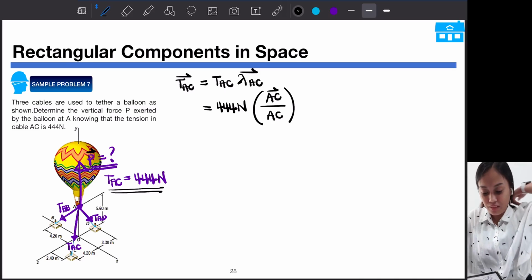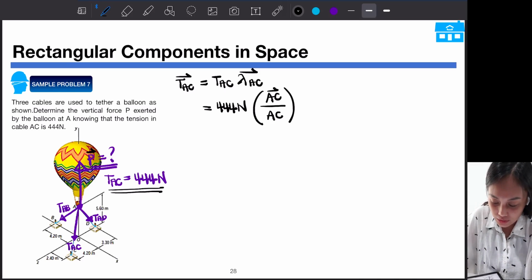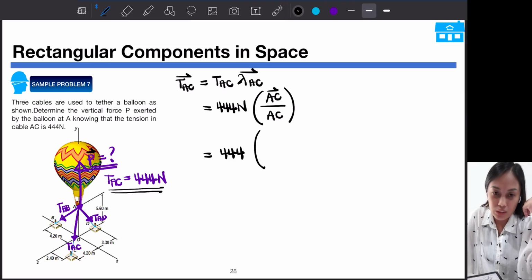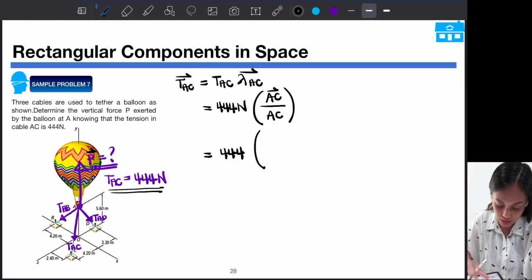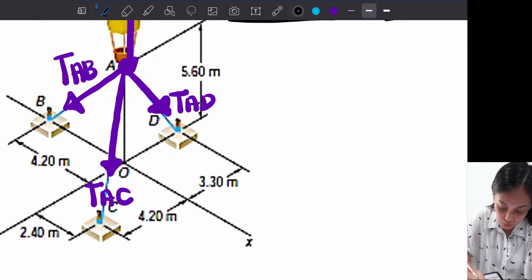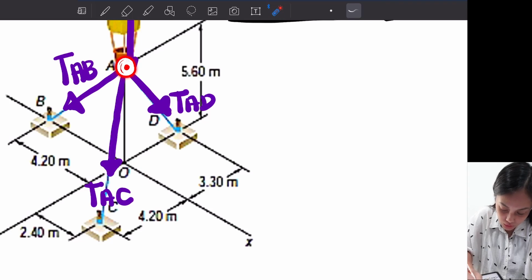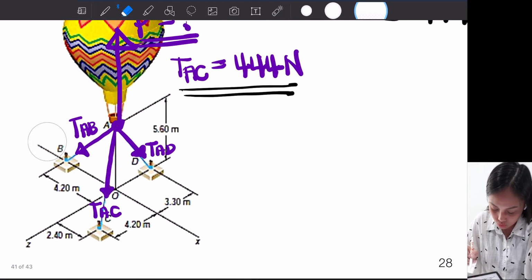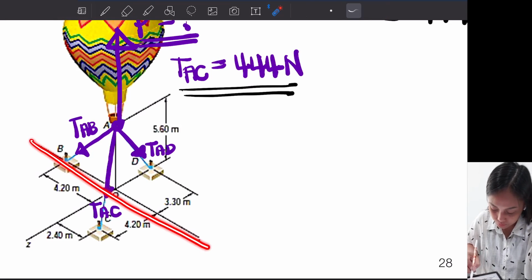So, this is equal to 444 times, what is dx sa AC? Tanaw na itong figure. Unsay distance from point A to point C along x-axis?